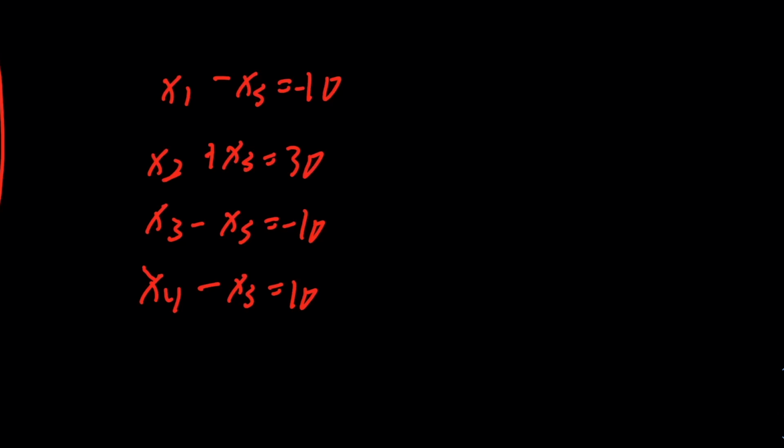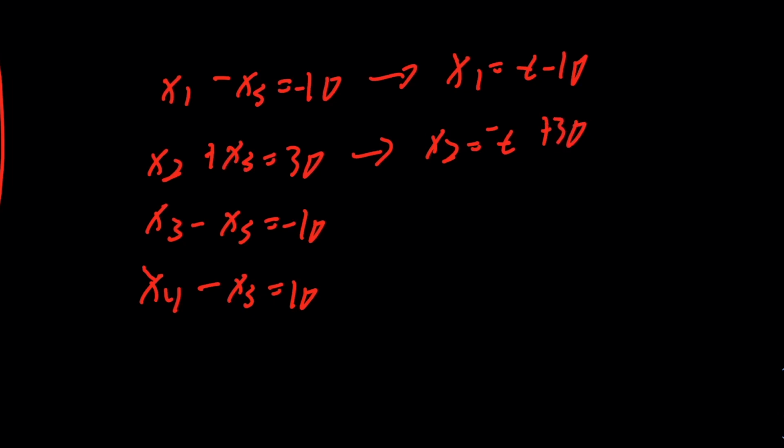So if we substitute x5 for t, what would those equations look like? Well, I know for the first one, it'd be x1 equals t minus 10. And what would x of 2 look like? It will look something like this. It's negative t plus 30. And the third one would be x of 3 is equal to t minus 10.